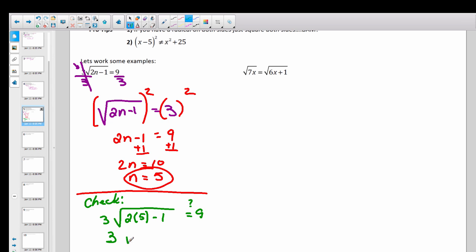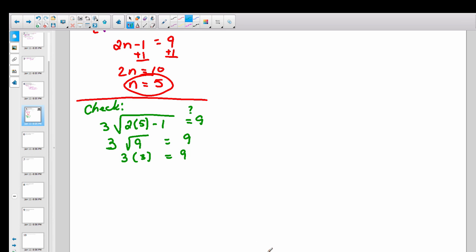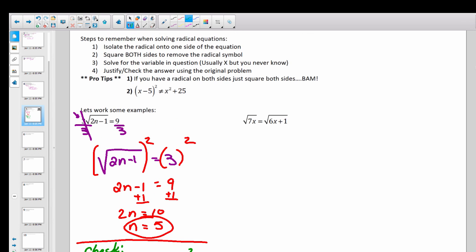So this is 3 times the square root of 9. That would be 3 times 3. And sure enough, that's correct. 9 equals 9. So we accept the solution, n equals 5. Let's try the next one.